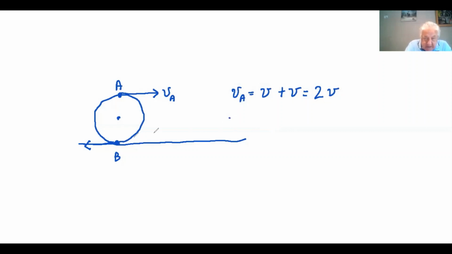Now, if we look at point B now, you might think of it yourselves. How fast is this going? We have the velocity, the tangential velocity now is in this direction. The linear velocity of the center of mass is in this direction. Let me draw the tangential velocity at this point so as not to confuse it with VB.